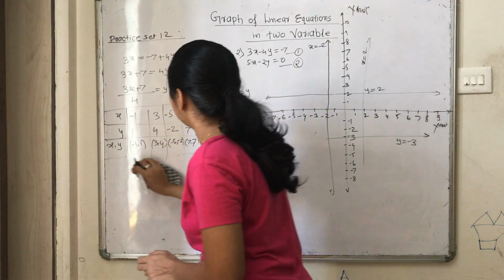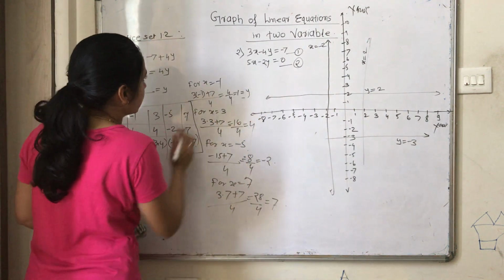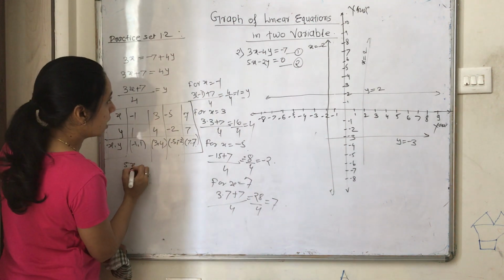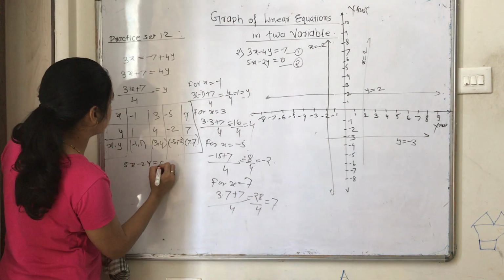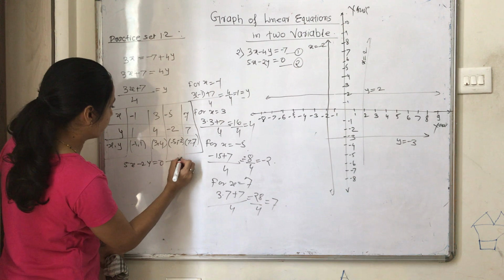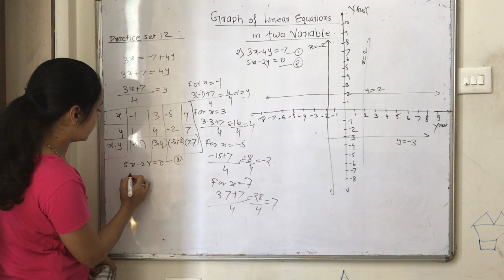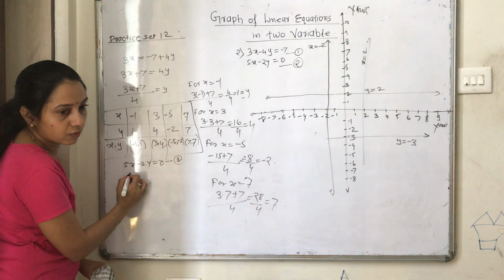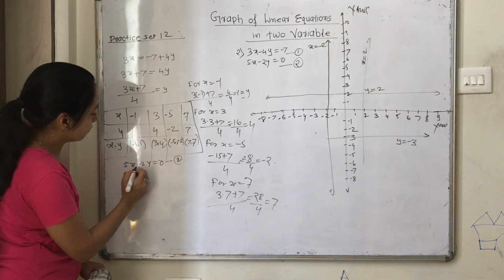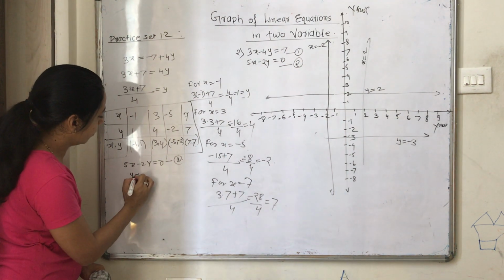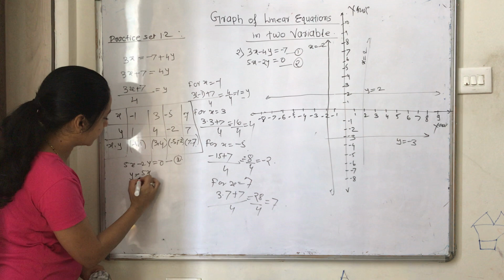Before that, we have to solve the other equation. What is the equation? It is 5x minus 2y equal to 0. This is equation number 2. So y is equal to 5x divided by 2.